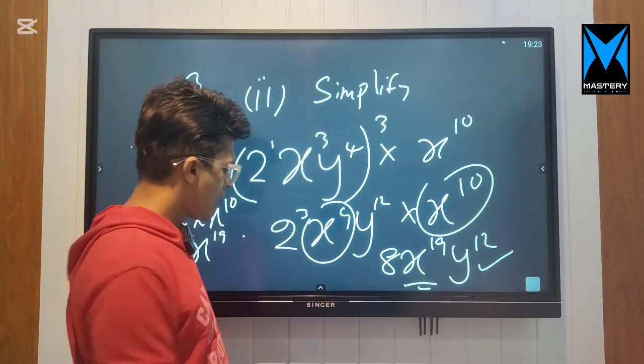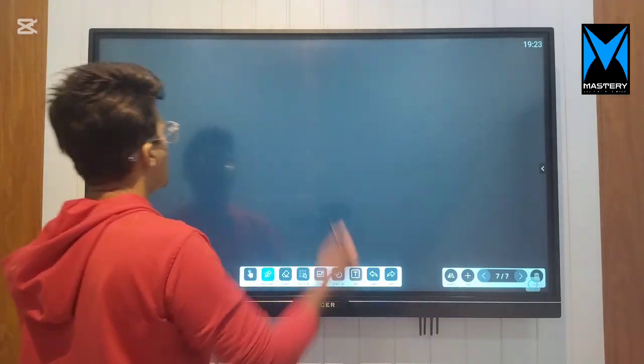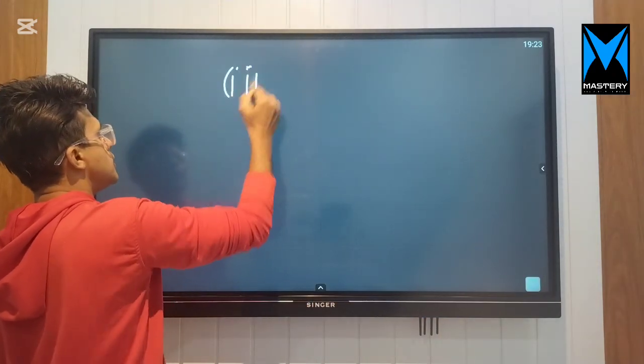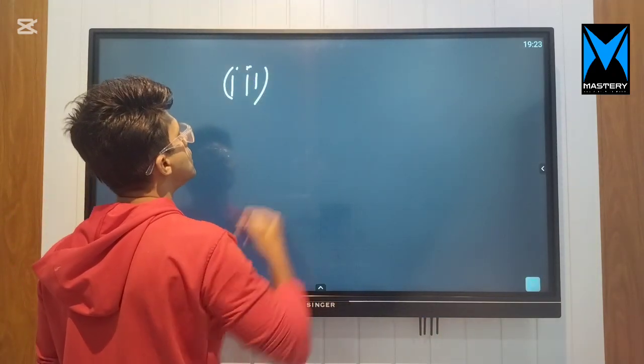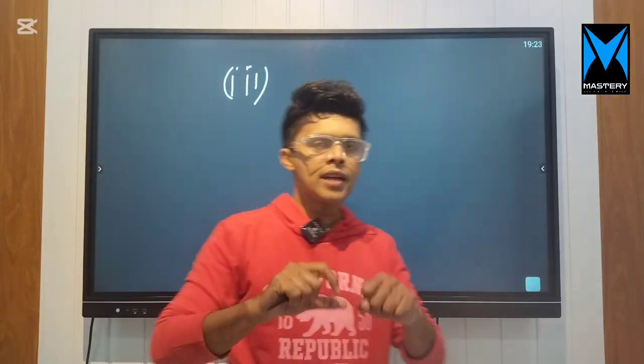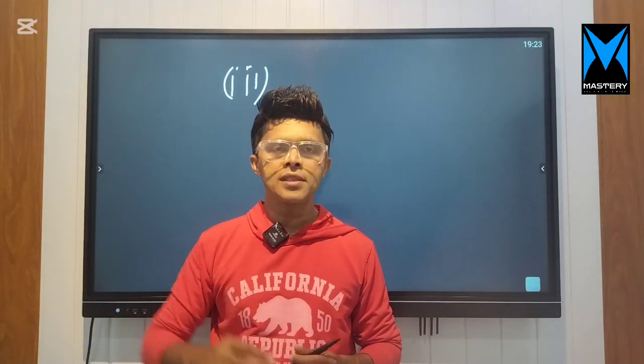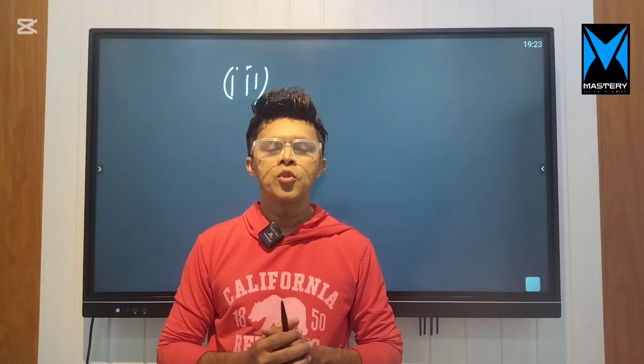Okay, so let's do another one. What is the answer of this one? First of all, you need to write these negative indices as positive indices. After that, you could simplify.